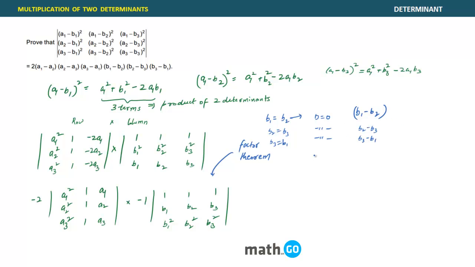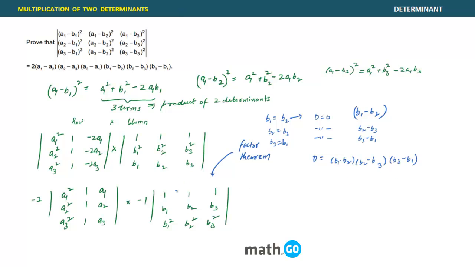So that means the value of the determinant might be (b1 minus b2) into (b2 minus b3) into (b3 minus b1). All these three terms must be there for sure. We just need to check what will be the remaining terms, as we did in the case of factor theorem.